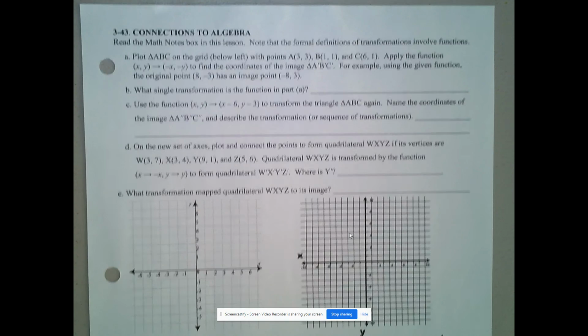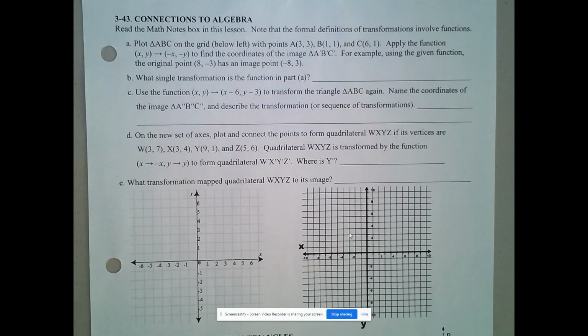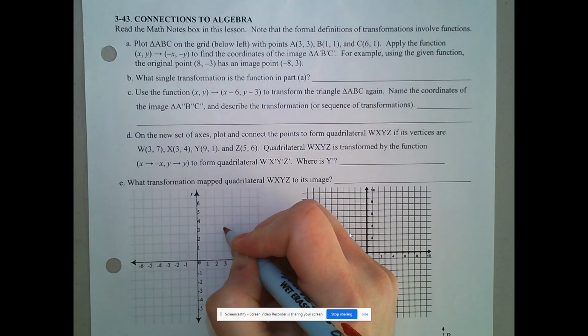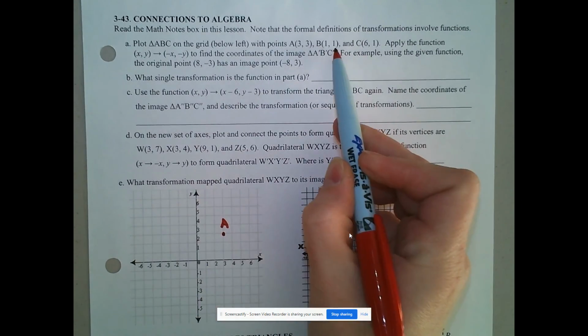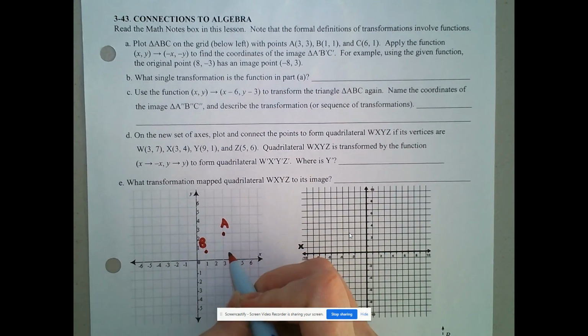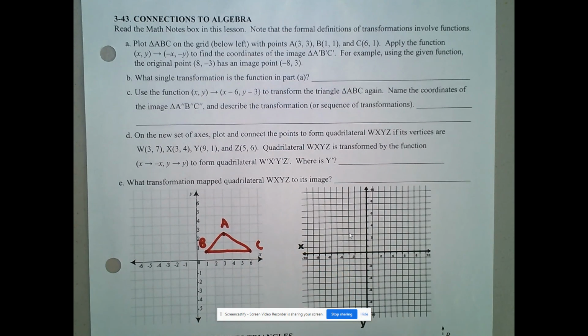So what we're going to do is we're going to graph 3, 3, which is A. We're also going to graph 1, 1, which is B, and we're going to graph 6, 1, which is C. So that's our original. And then we want to change that to -x, -y.